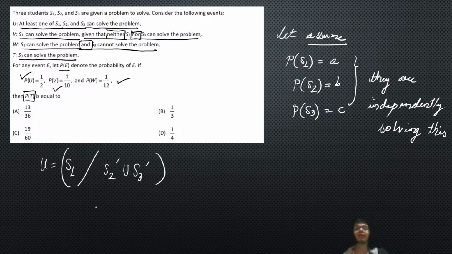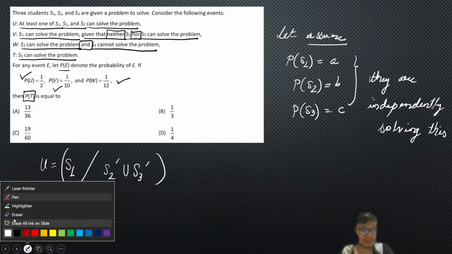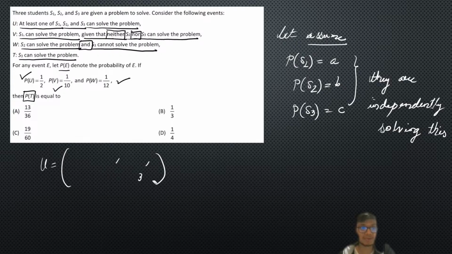So that is what your event looks like, or writing it as, oh, sorry, very sorry. I just read about V over here. Extremely sorry. So U says that at least one of S1, S2, and S3 can solve the problem.